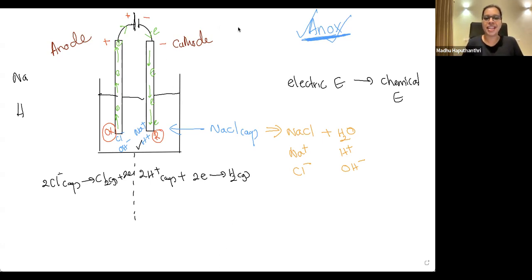Halogens means group 7 elements: fluorine, chlorine, bromine, iodine. Those are called halogens. Their anion is called halide.